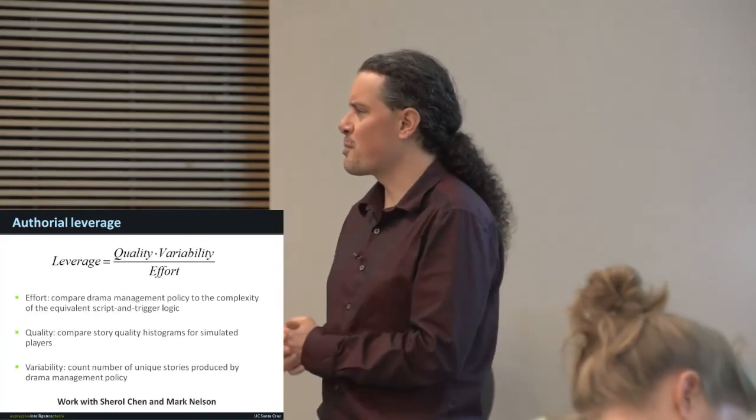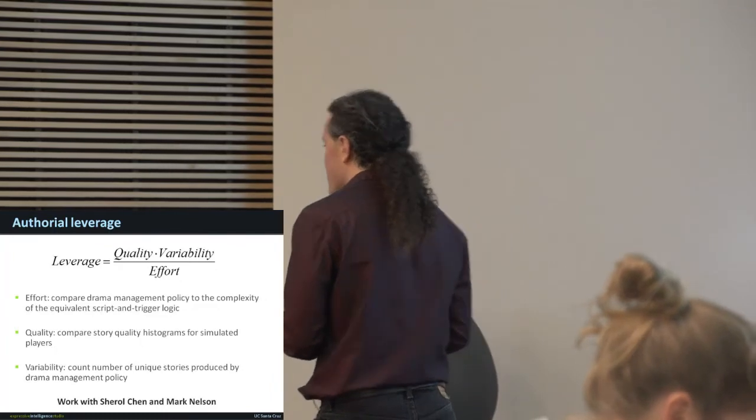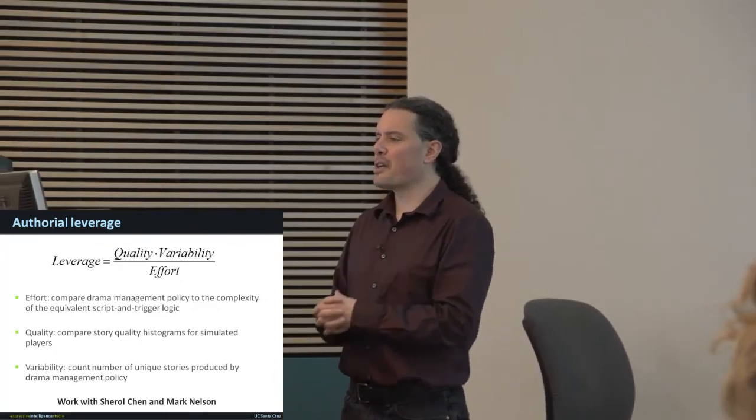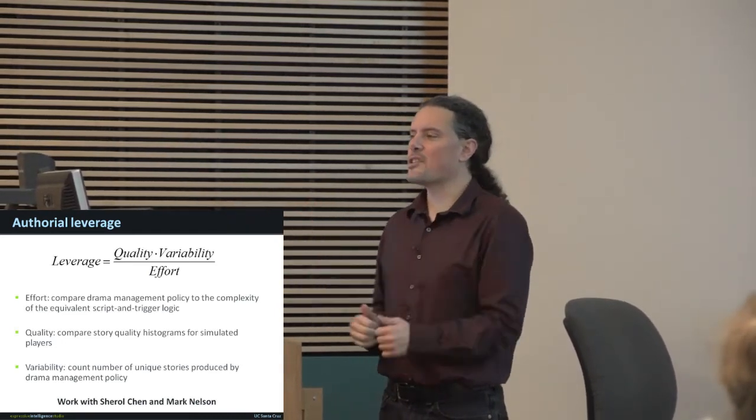That's the manual way of specifying it. And we have found that, yes, indeed, we can develop AI architectures that, for much less effort, give you the same amount of variability as some hand-authored thing. And so, hooray, the AI is giving us leverage.